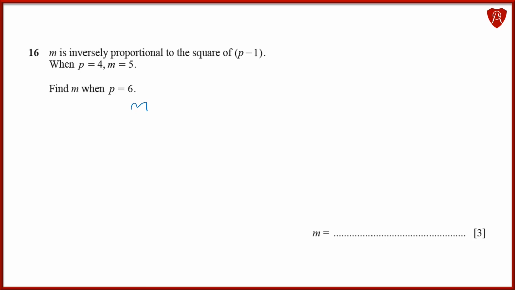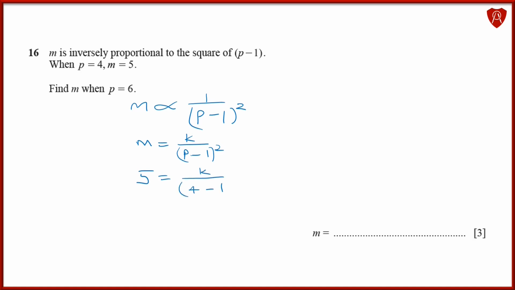So we are given m is inversely proportional to p minus 1 squared. We can write this as an equation by putting a constant k over p minus 1 squared. And then we note that m will be equal to 5 when we put p as 4.